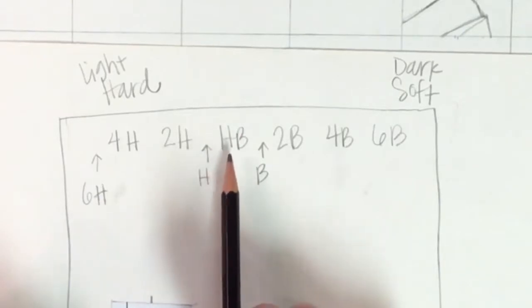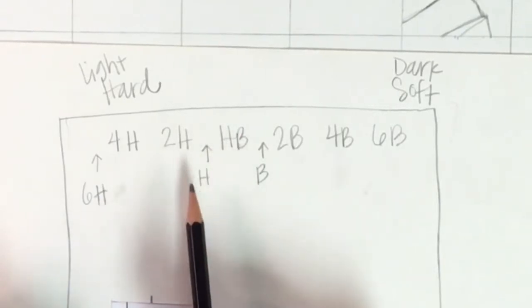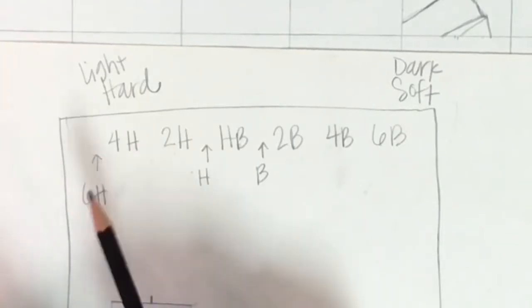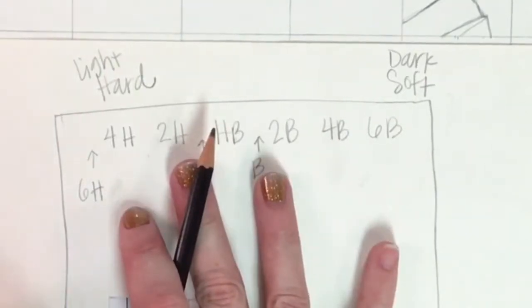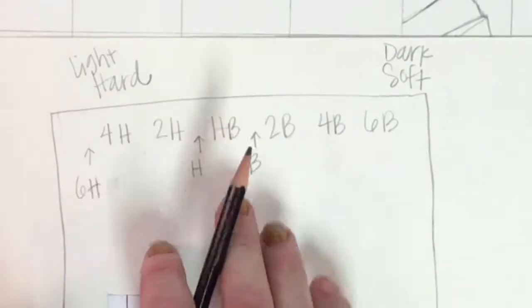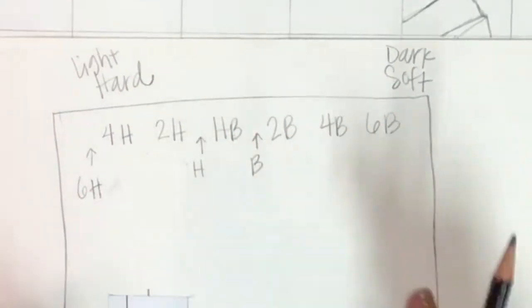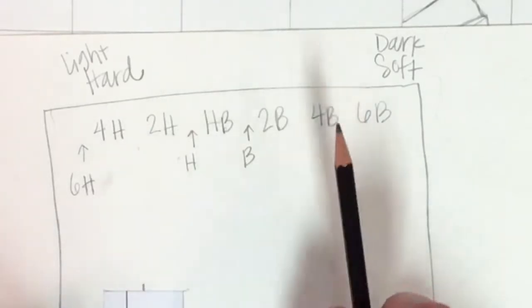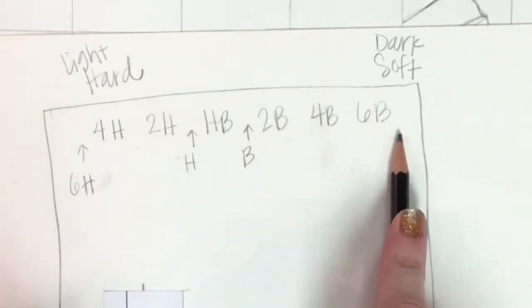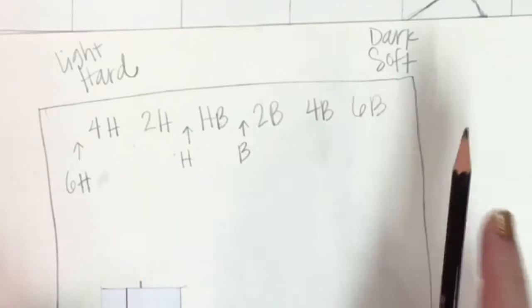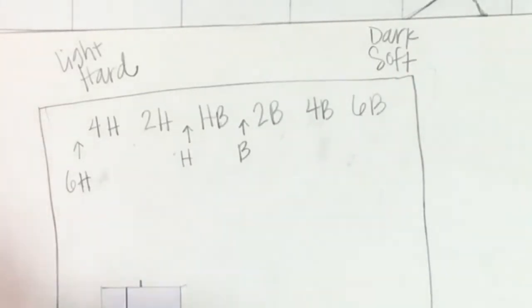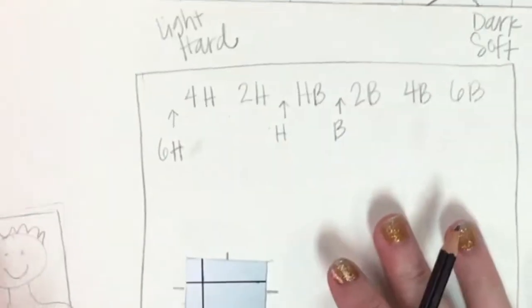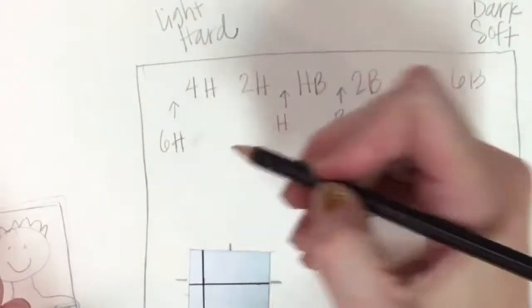So HB, H, 1H, 2H, 3H, 4H, 5H, 6H, but I don't have those kind of sets. I have the even numbers for whatever reason. And then I believe that the 6s are as extreme as mine get.